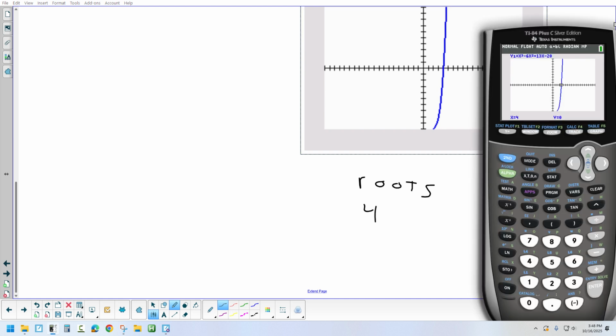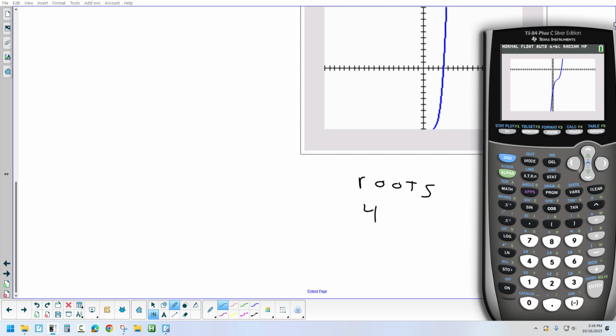Does it look like it crosses anywhere else? I can look a little lower, you're not going to see it cross there, but if you want to look lower, you can. So what does that mean about the other two answers then? They're imaginary. This is the standard kind of cubic look when the other two answers are imaginary.